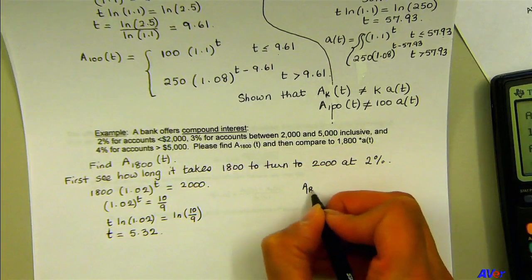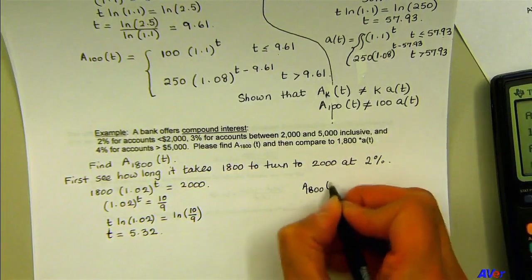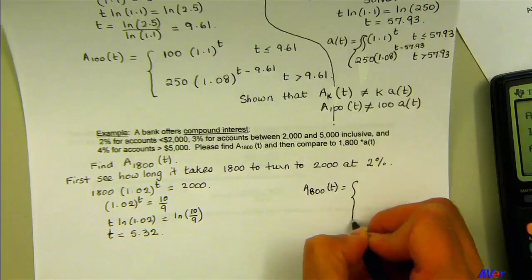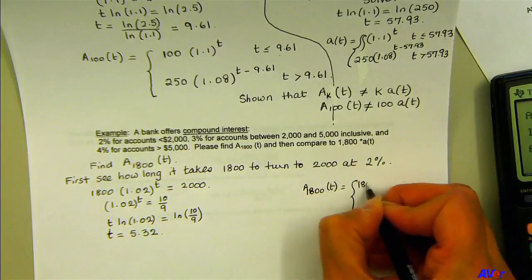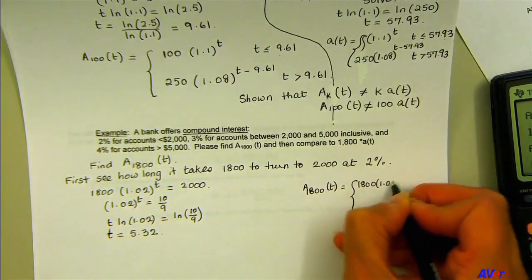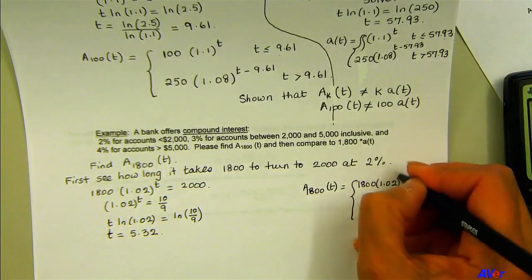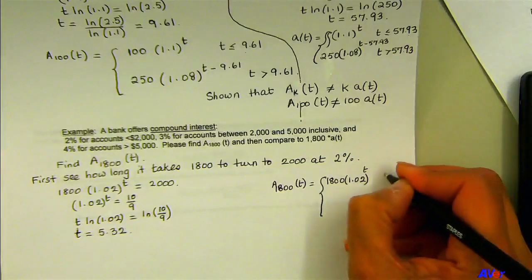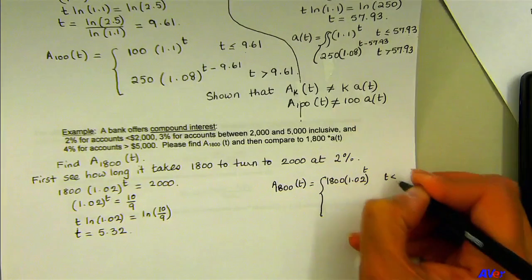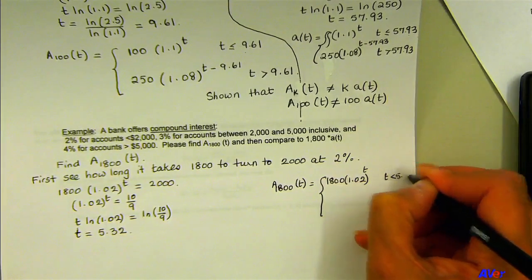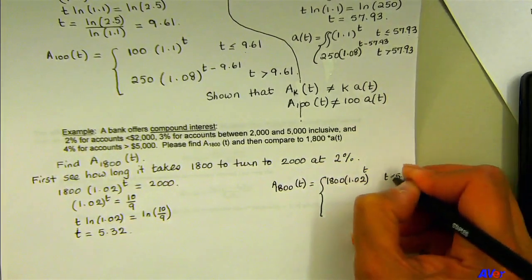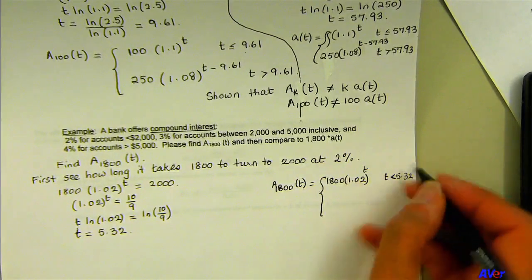A 1800 of t equals 1800 times 1.02 raised to the t power for t less than or equal to 5.32, let's say.